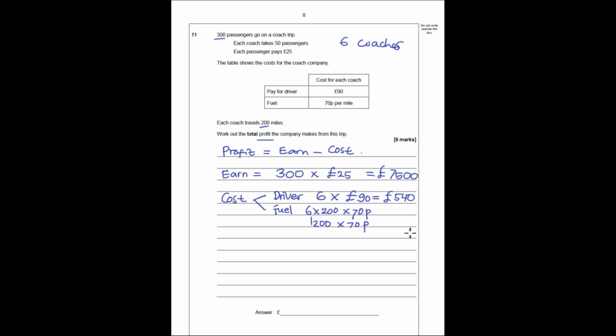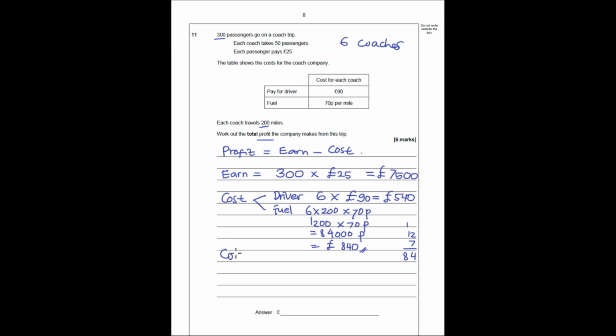Let me count here. 2 times 7 is 14. I put 1 here, and then 1 times 7 is 7. Add 1, so it's 84. So we get 84, and we have 3 zeros. It's in p, so we have £840. That's the cost for the fuel.